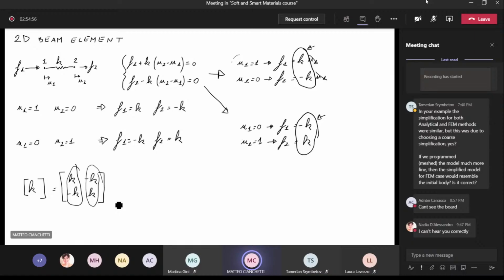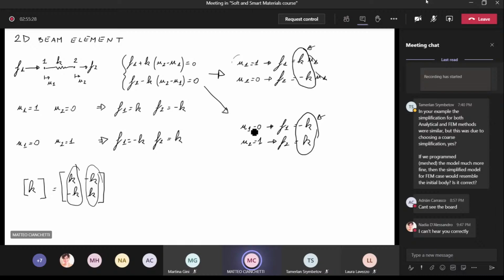So the definition is maybe still not completely clear, but now you should start to understand by intuition the meaning of setting a degree of freedom equal to 1 while all the other degrees of freedom are set to 0, and the vector of nodal loads will be the corresponding column in the element stiffness matrix.